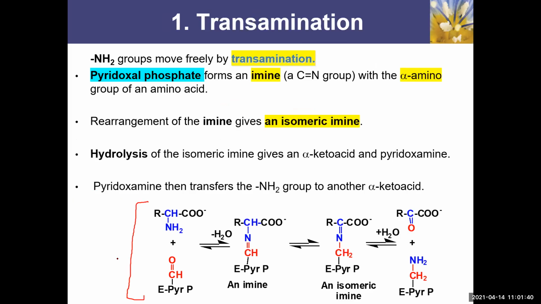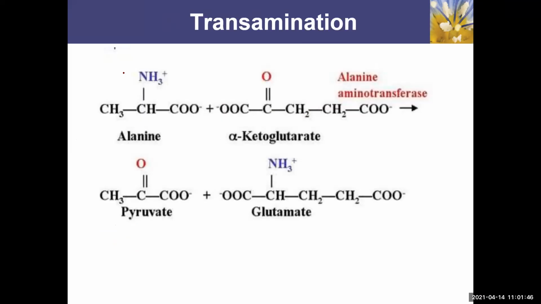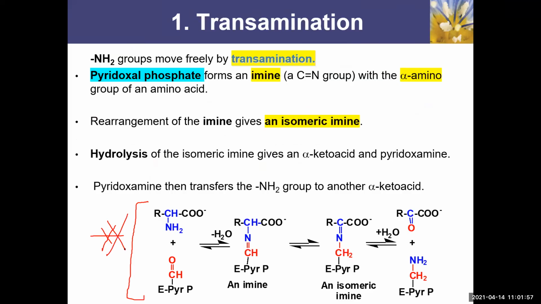No need to prepare this structure. Instead prepare this one. Even though this is a diagram which I brought from outside, you need to prepare this one. Okay, not the structures, just the name. But no need to prepare this one before I start explaining what is the transamination. Is it clear to everyone?